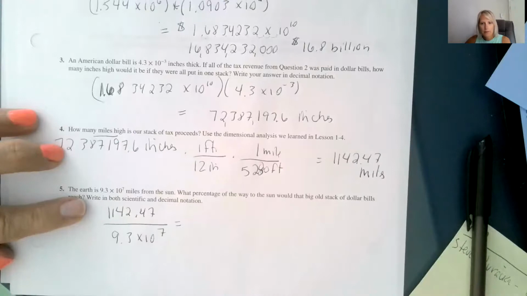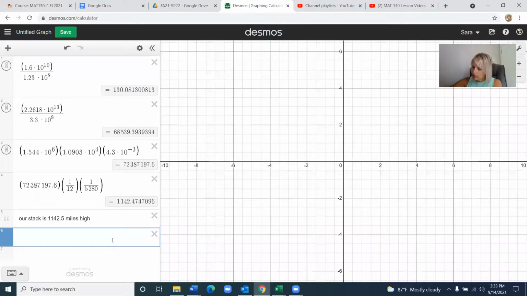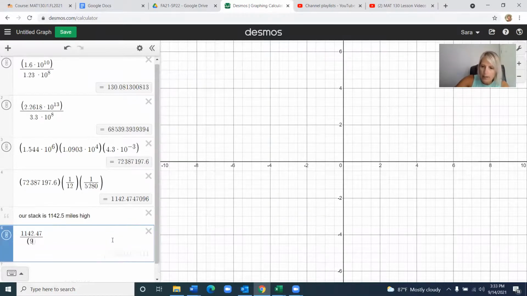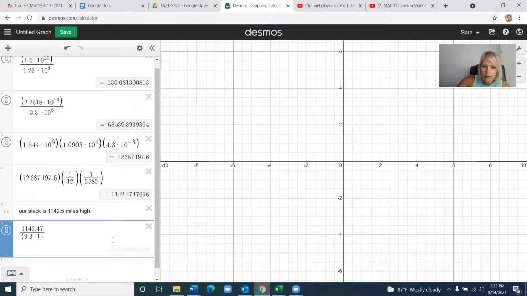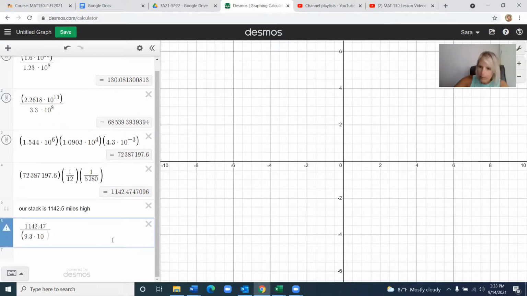Take us back to decimals here. So we are going to take 1142.47 and divide that by, in parentheses, 9.3 times 10 to the 7th. So that's 0.0000123. We'll round that. So there's 4 zeros. And that's actually in percent.